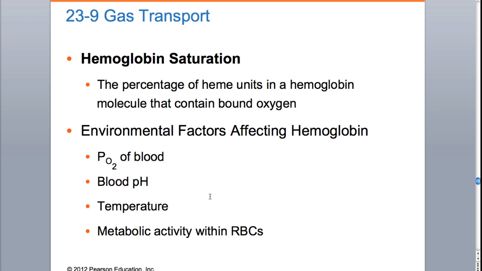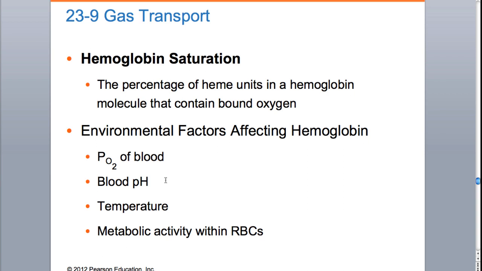So how much oxygen actually stays on your red blood cell? The partial pressure of blood will play a role. So if you don't have enough oxygen in the outside air, we're going to want to try to do what? Keep as much oxygen as we can in your blood.